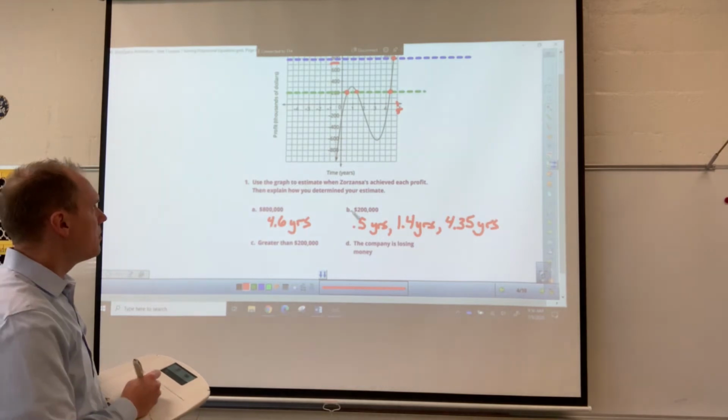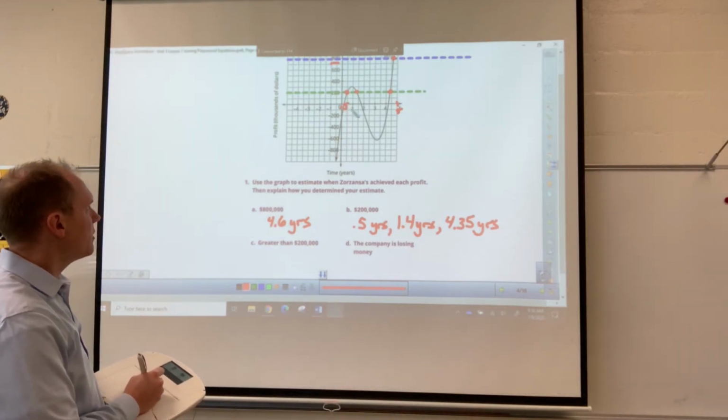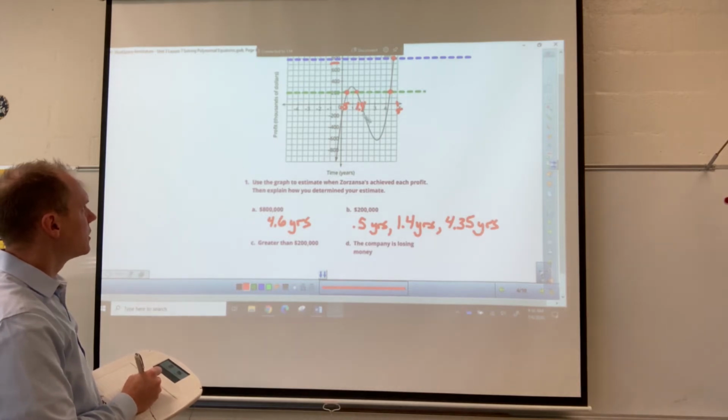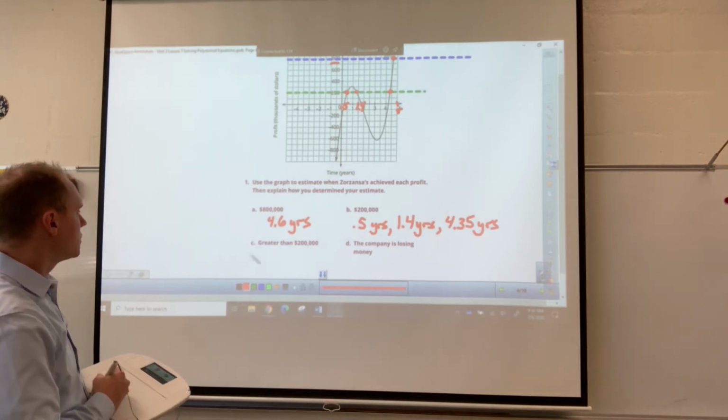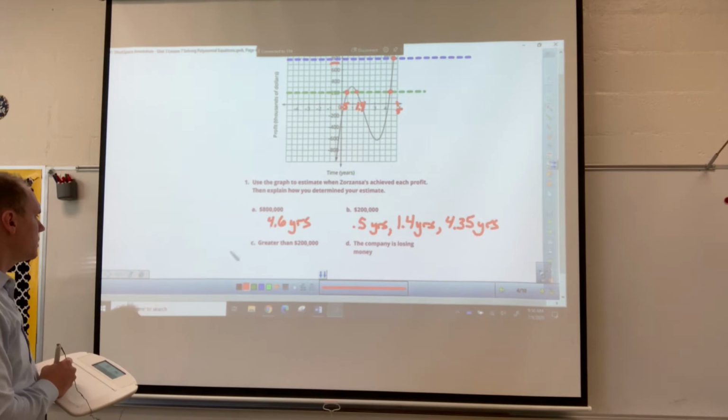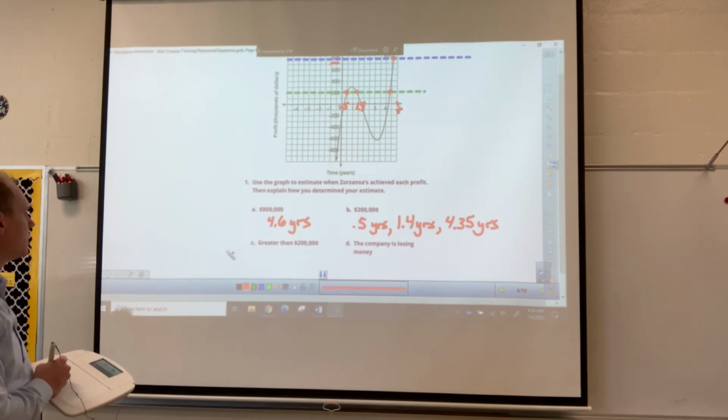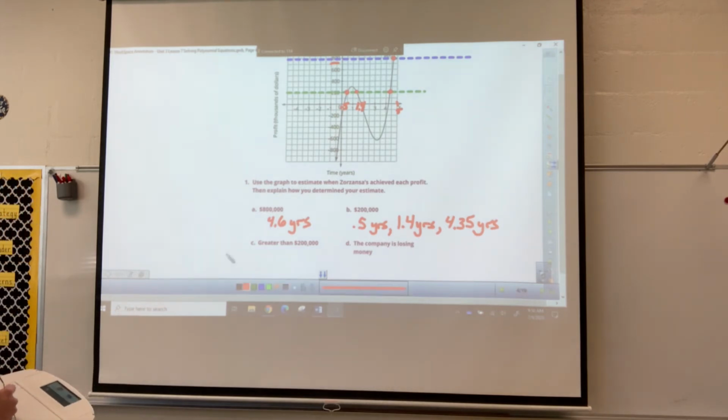So in between 0.5 years and 1.4 years is when that occurred. We can say it in a couple different ways here. We can say when x is less than 1.4 but greater than 0.5, or we could say between 0.5 and 1.4 in interval notation.